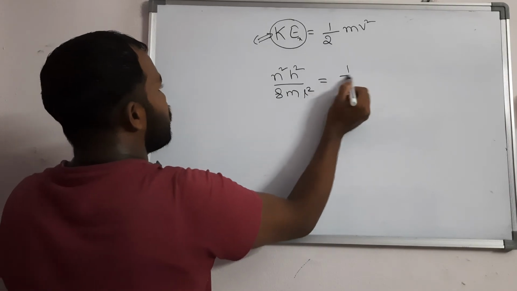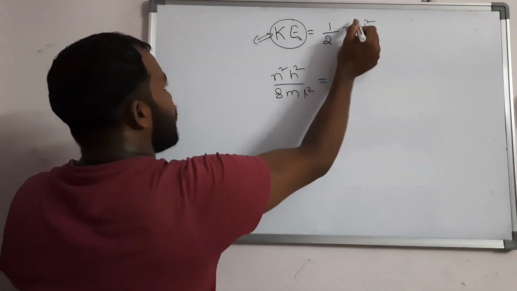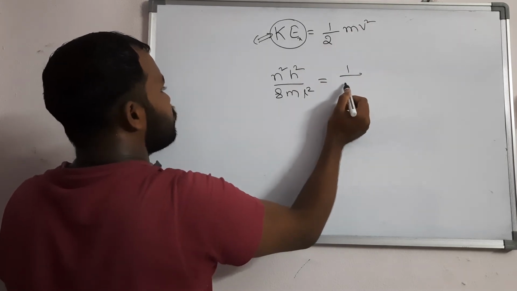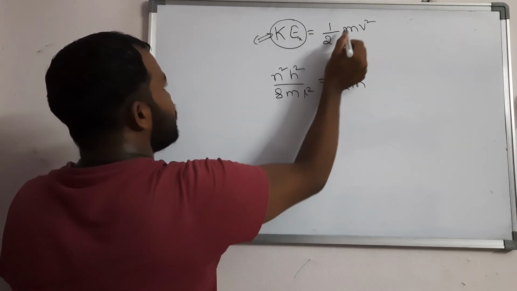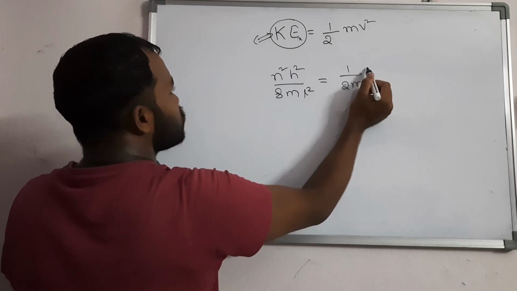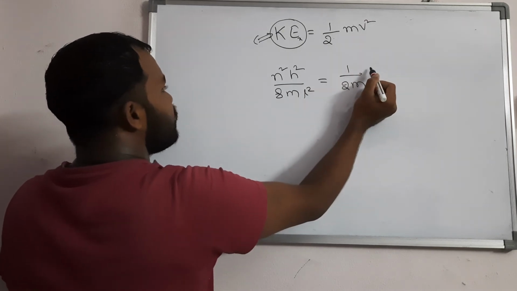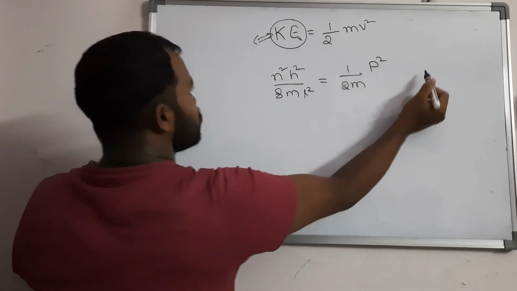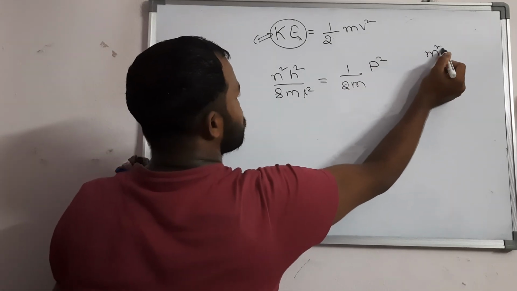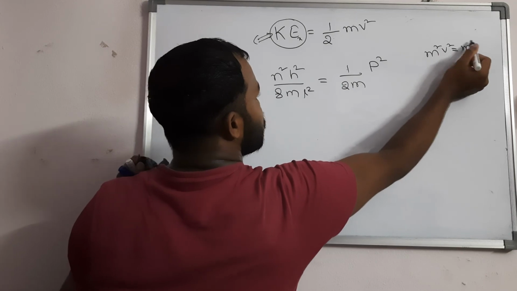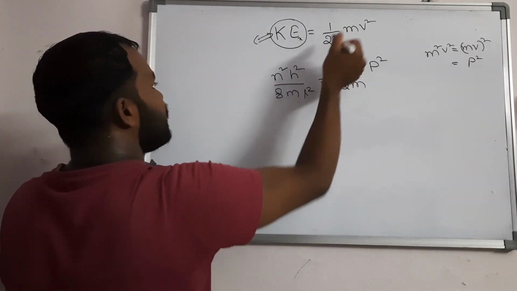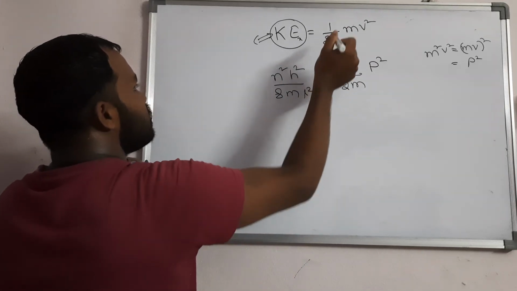Here I am going to multiply the numerator and denominator with m. What will you get? 2 into m here, and m into m is m². So m²v² is (mv) whole square, which is p². Directly I am writing. Since m²v² is nothing but (mv) whole square, that is p².